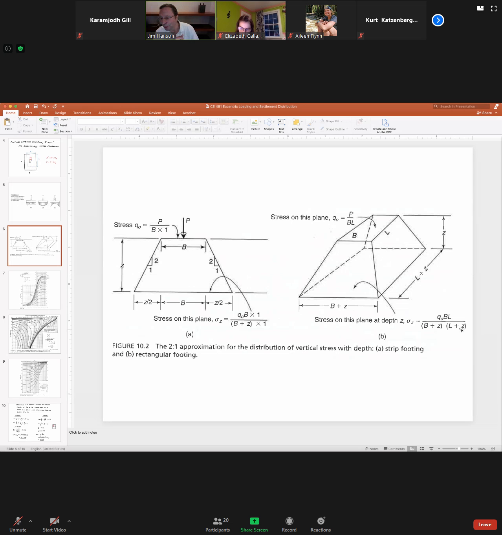And that's your new area of your base down here at the bottom that would actually be supporting that load. So load over this bigger new area. And therefore, you would expect that it will be a lesser stress at depth. That is hopefully quite intuitive that you would have something like that going on.